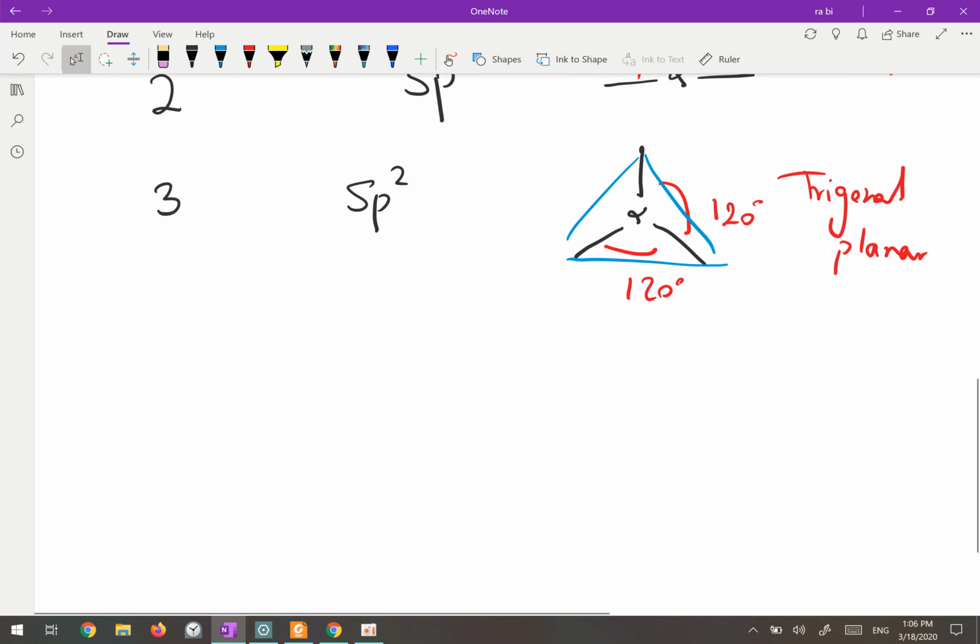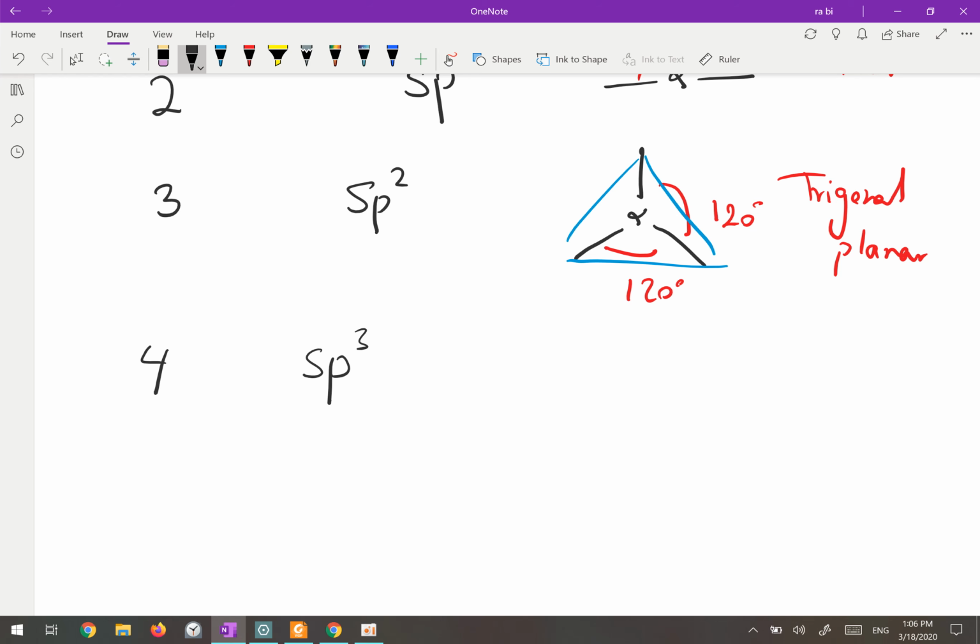Okay, if you have four domains, the hybridization would be sp3. It means one s and three p orbitals are mixed with each other. They form four new orbitals, or four new domains. For these four new orbitals, the best arrangement is tetrahedral. The tetrahedral arrangement is three-dimensional.